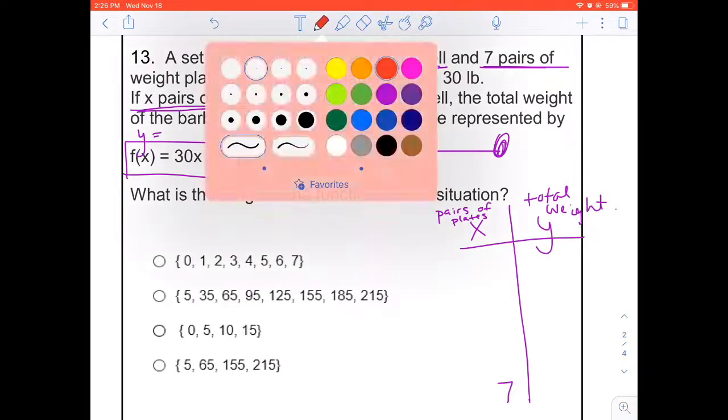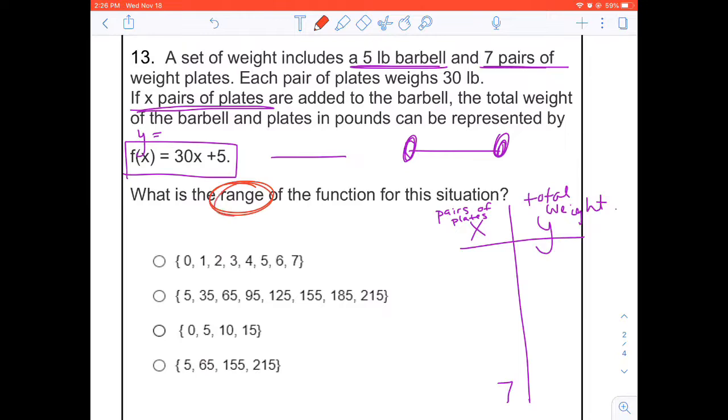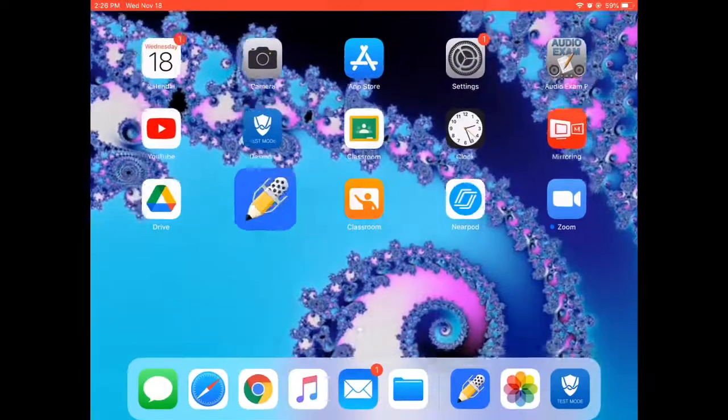I also want to point out that this word is super important: range. When we're talking about range, we're talking about our y numbers. So we need the numbers that are in the y column. I'm going to go type it in. You should pause the video and do the same. And then we're going to go look at our y values.